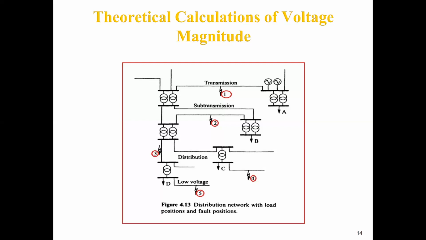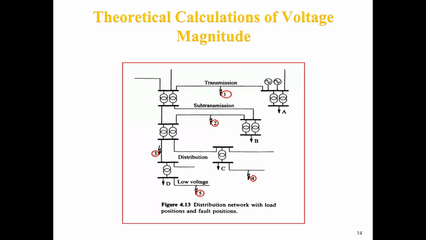The reason is that generators are connected at A, and these generators will boost up the voltage a little. Hence, when you compare the sag at load A with B, C, and D, the sag at A will be less.